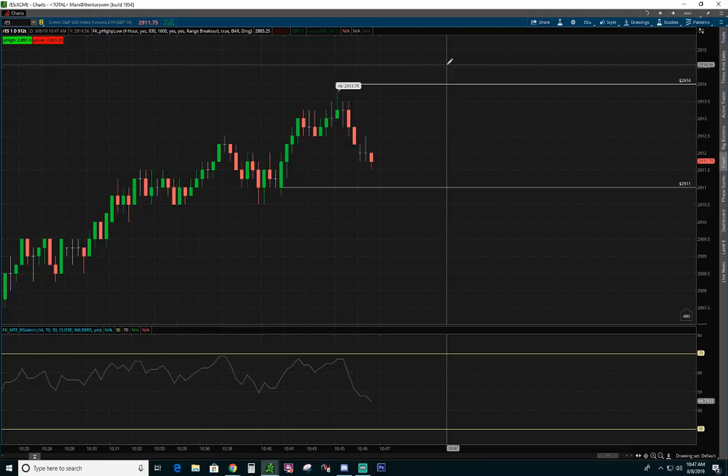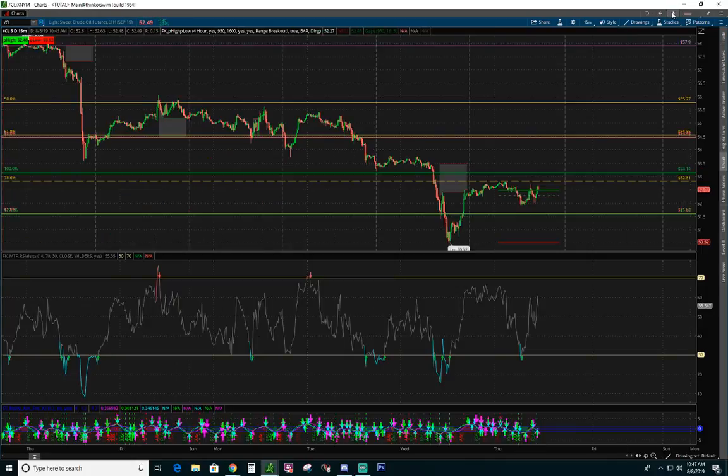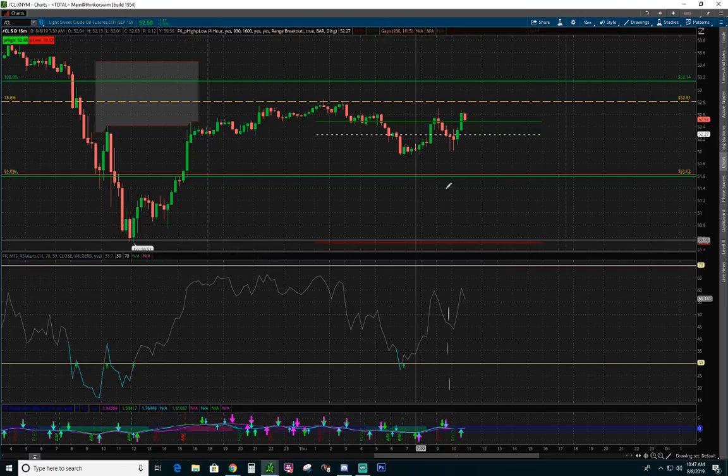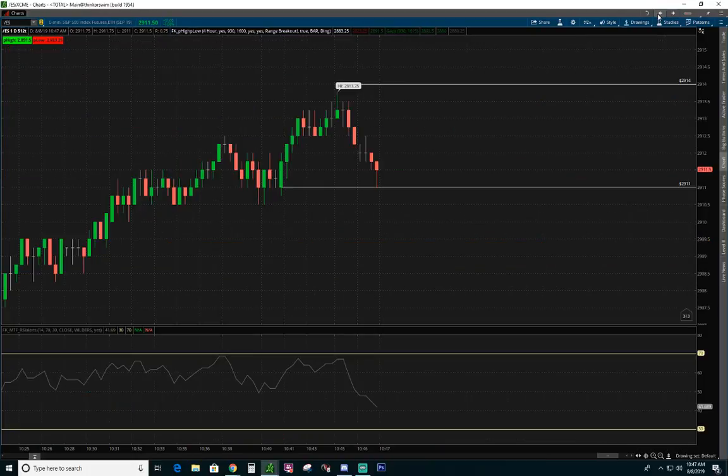CL broke out. Something on the range. It's on the range somewhere. Let's take a sneak peek. Oh, we're okay. We're back inside the range. Look. Oh, 11s. I didn't get tagged. Ooh.